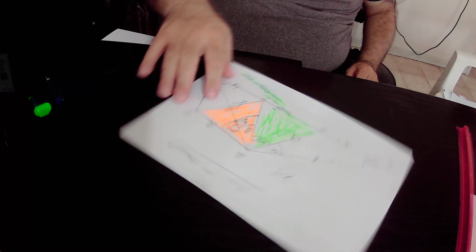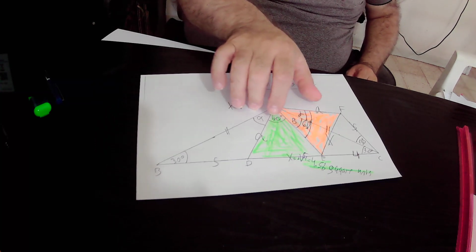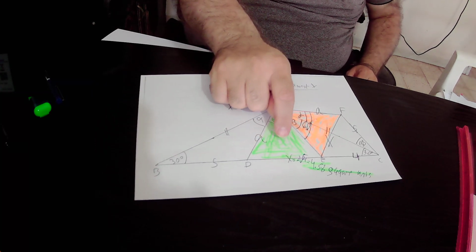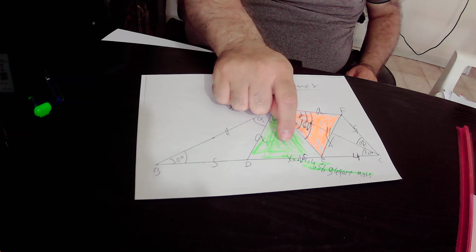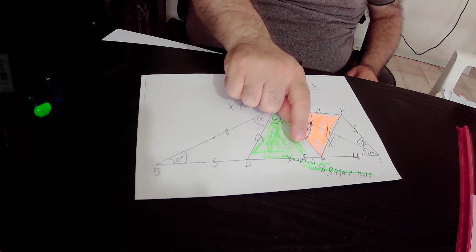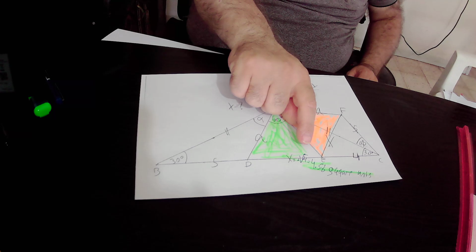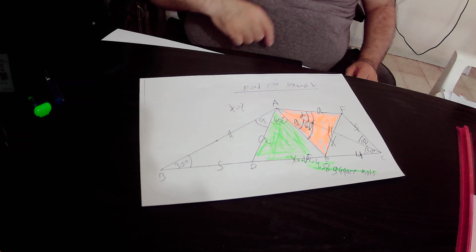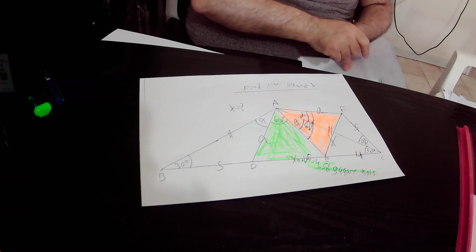This line segment DE equals x, and x equals the positive square root of 21, approximately 4.58. We finished with the first question.